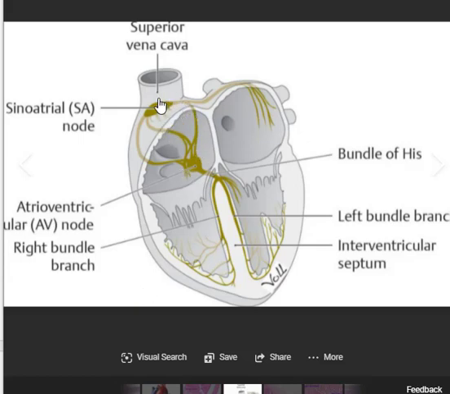All right, and these are bundles of nerves coming along here, and this is your backup pacemaker. This one is called the AV node, or the atrioventricular node. Atrio, so it's at the intersection of the atrium and the ventricle, right there.